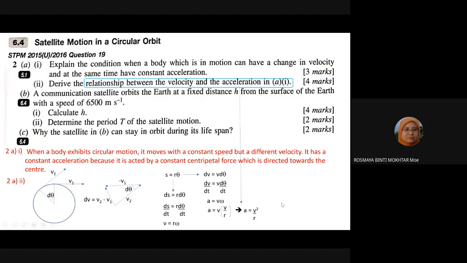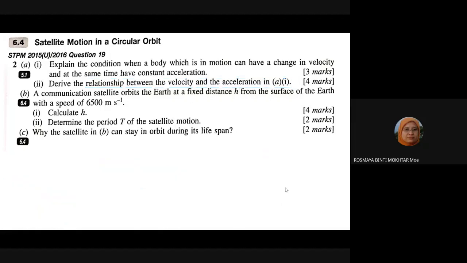We go to the next question, 2B1. A communication satellite orbits the Earth at a fixed distance h from the surface of the Earth. Again, you see here, h from where? From the surface of the Earth, with a speed of 6,500 meters per second.